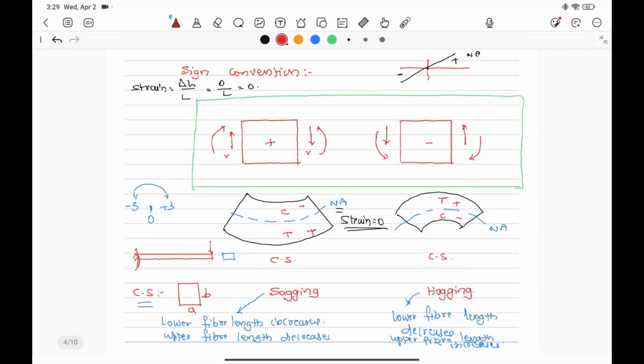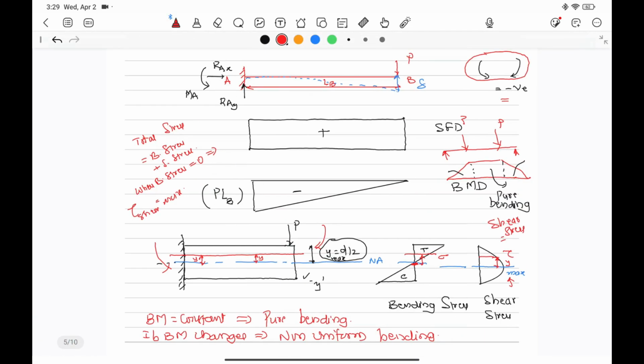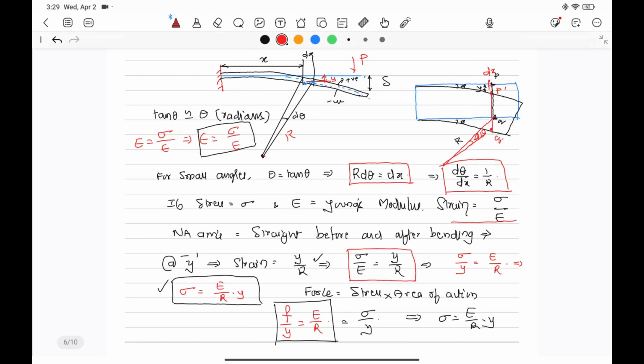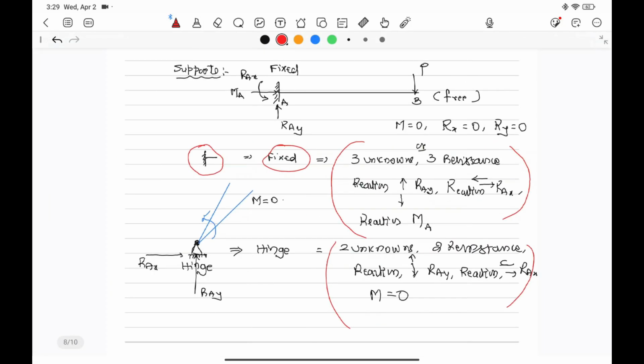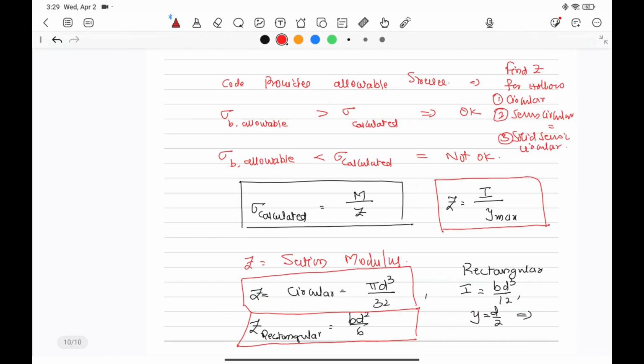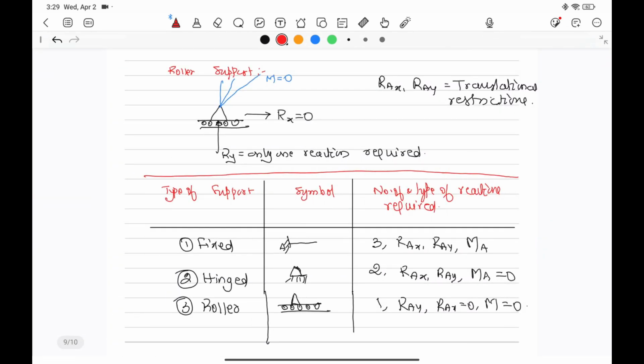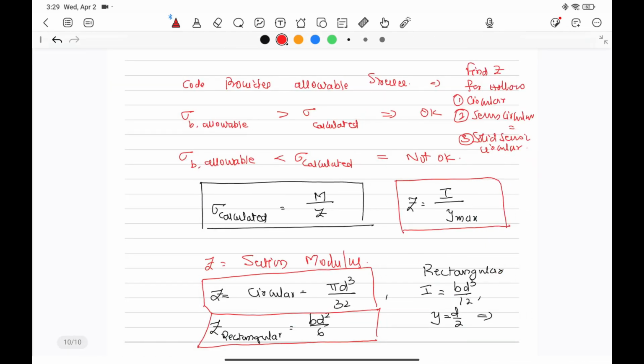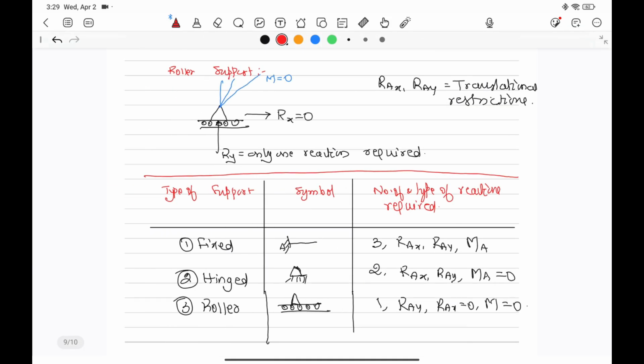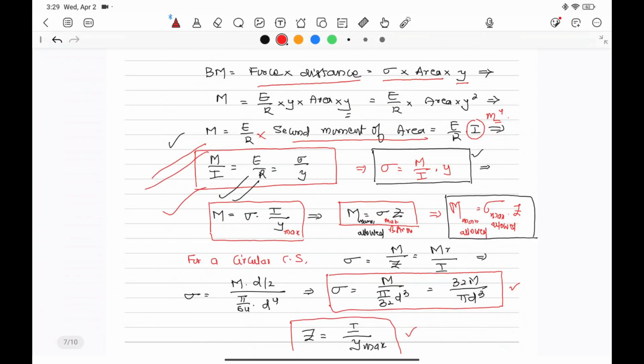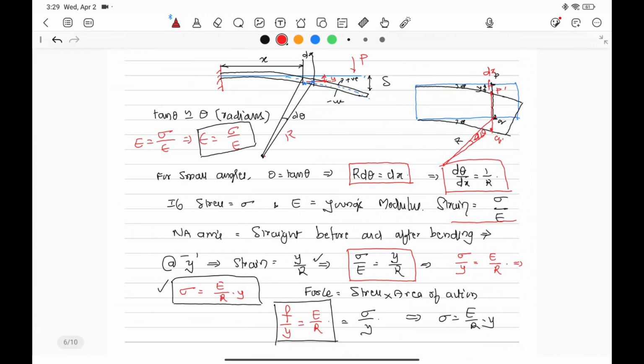And I want to close today's class with this note. Please try to understand the fixed, hinged and roller support differences. Please try to understand the section modulus, how to calculate it, and please try to understand what the neutral axis is and how the neutral axis is to be found out.